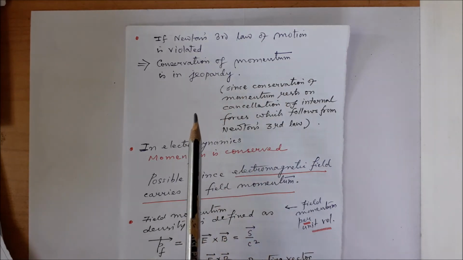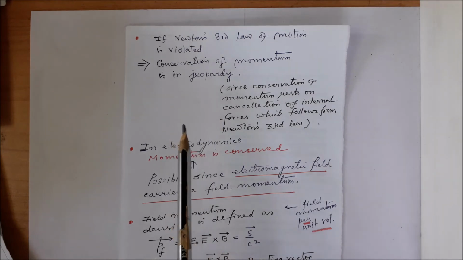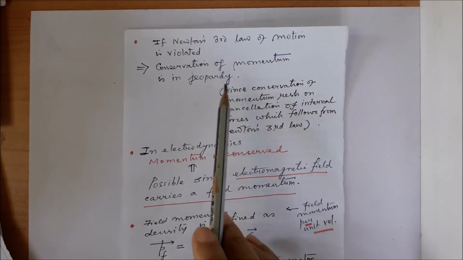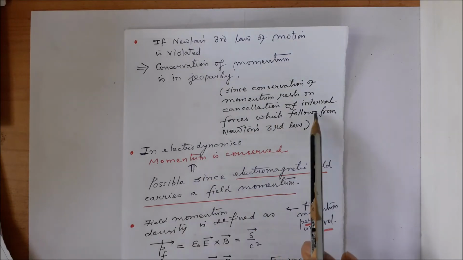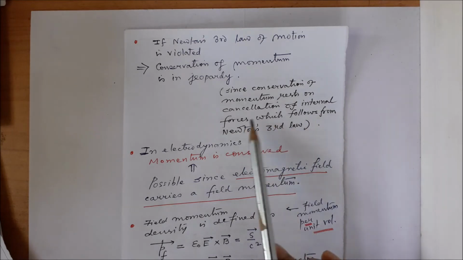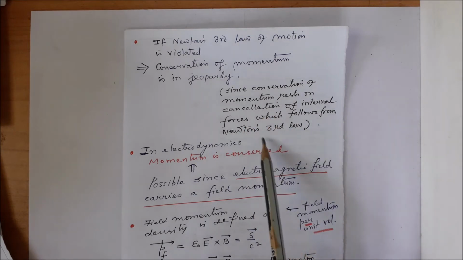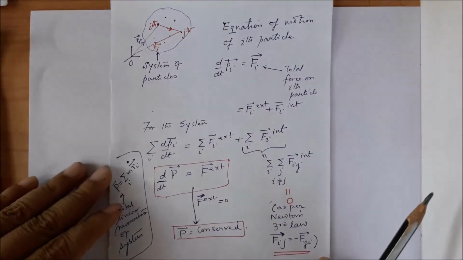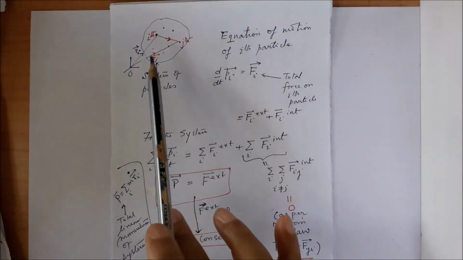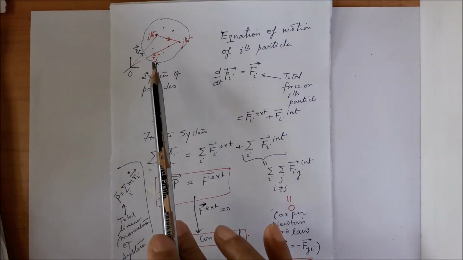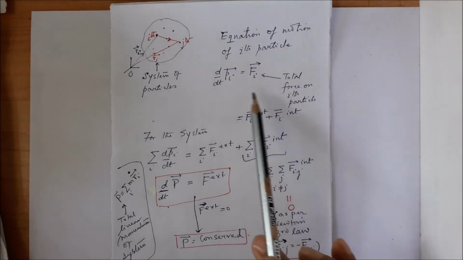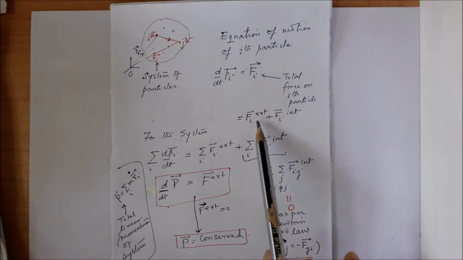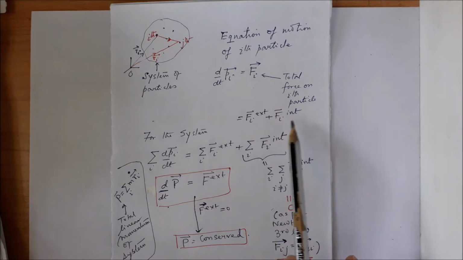As you might recall from mechanics class, conservation of linear momentum rests on cancellation of internal force, and this cancellation of internal forces was possible because of Newton's third law. Let us refer to this figure briefly. This is a system of particles and this is the equation of motion for the ith particle, and it involves an external force and an internal force.